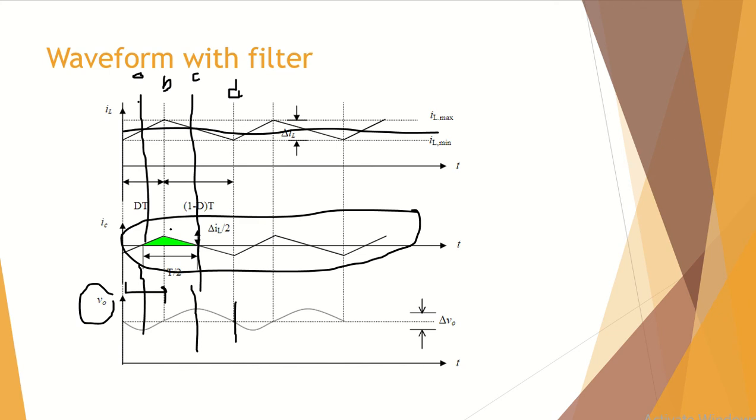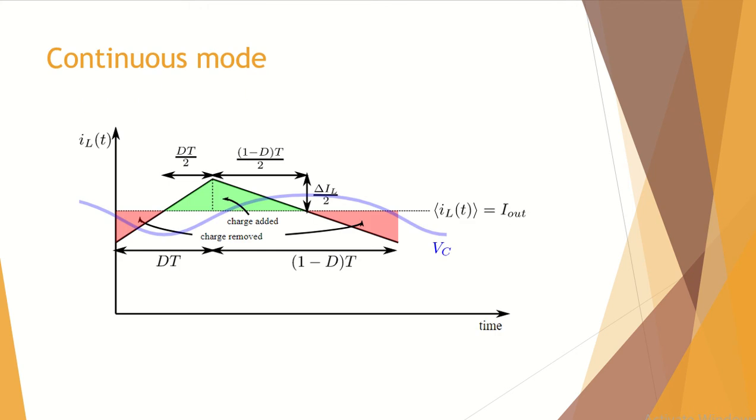Now the area of interest is this portion. This is our continuous current mode. This is our ripple, del IL. From this point to this point, it becomes del IL by 2.